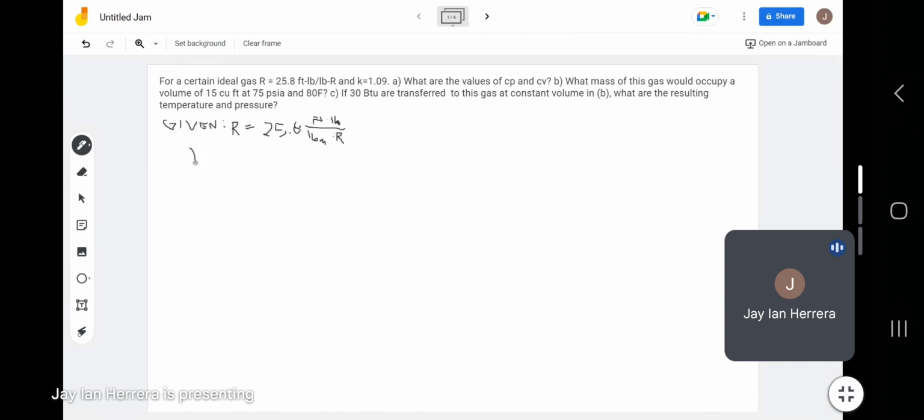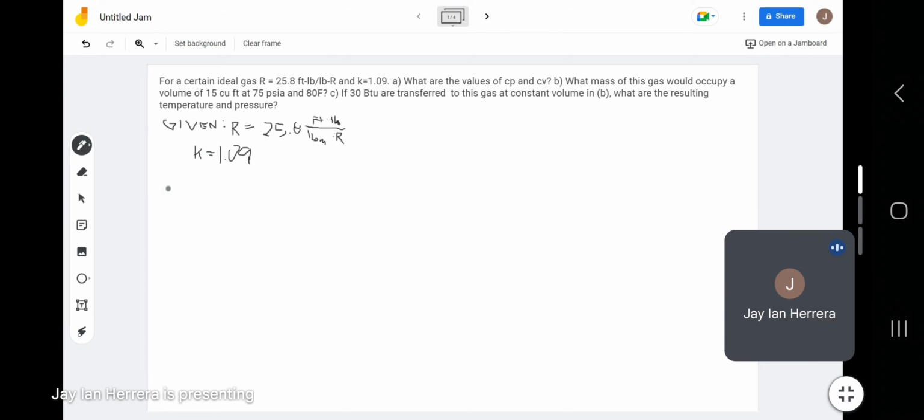Also given tayo ng k of this gas, that is 1.09. As I have said earlier on Friday, k is unitless since CP over CV, cancel lang ang unit niya.